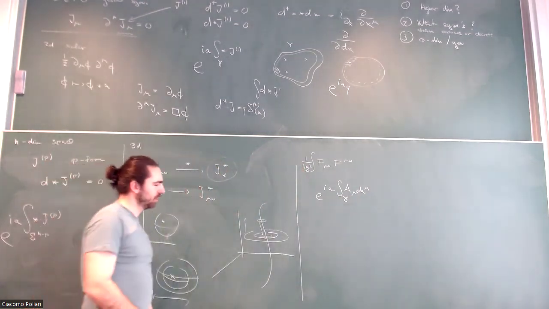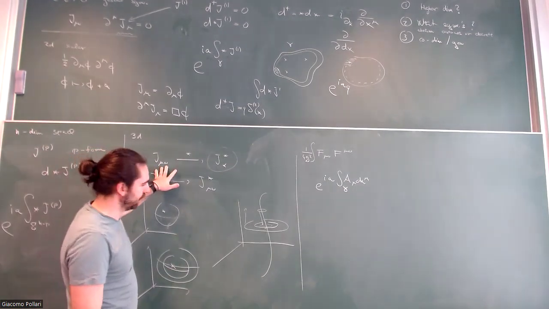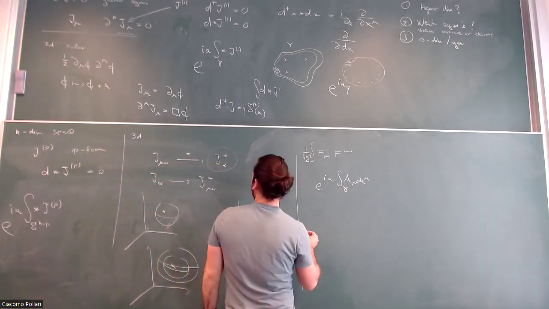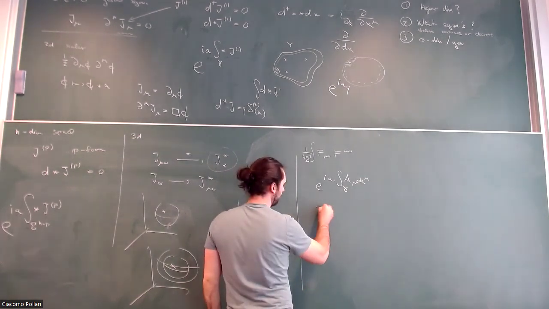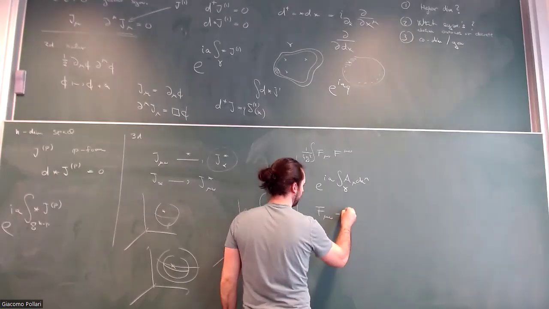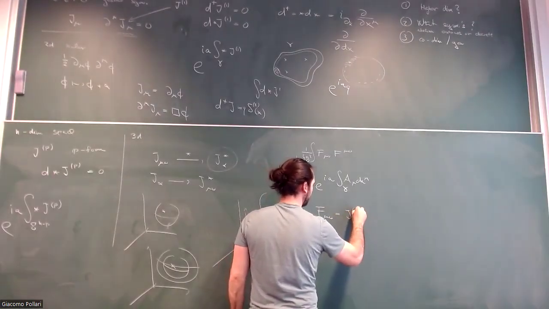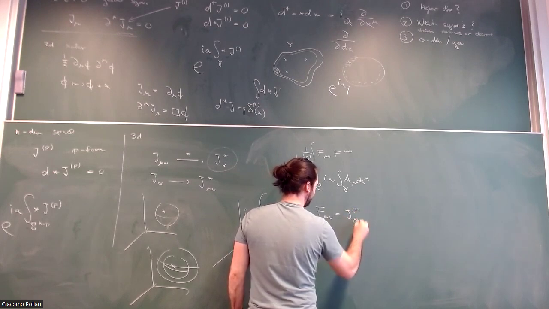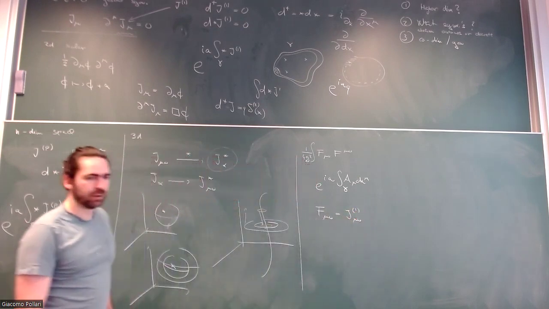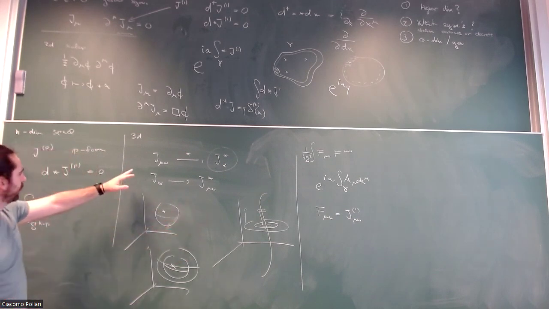And I claim that the surface operator, this mu, is a two-form, good, that works.